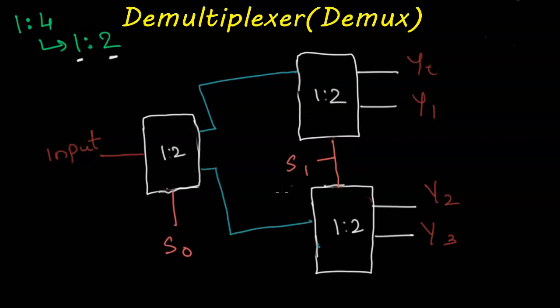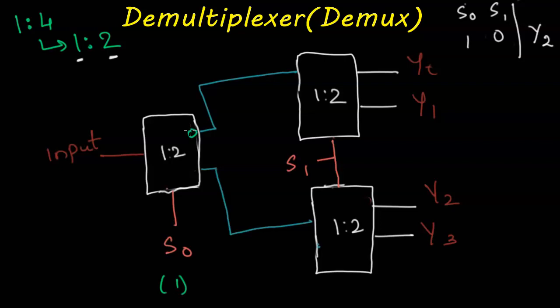We can even try and test the working of our circuit. Let's take a particular combination. Let's take S0 and S1 as 1, 0. Whenever the select lines are 1, 0, we should get my output at Y2. So let's try inserting the values. S0 should be 1, so my input should be projected at the output with select line 1.